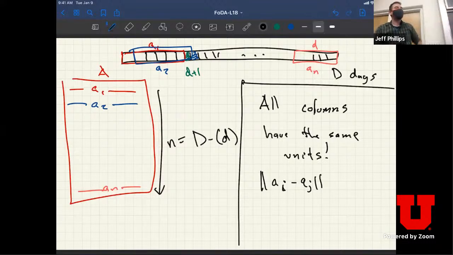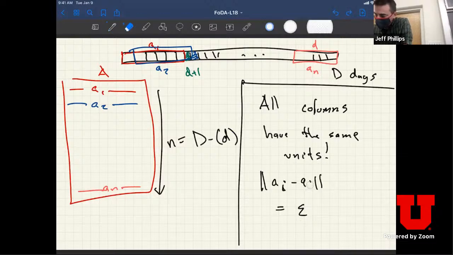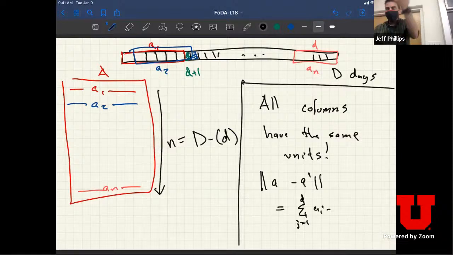I want to take the Euclidean distance, and if we remember what this means, I've used i and j already here, so let me say two rows, A and A prime. I'm going to compute this distance: the sum over j equals 1 to D of the jth entry of A minus the jth entry of A prime, squared, and then the square root.